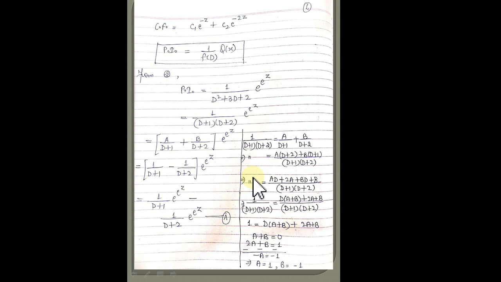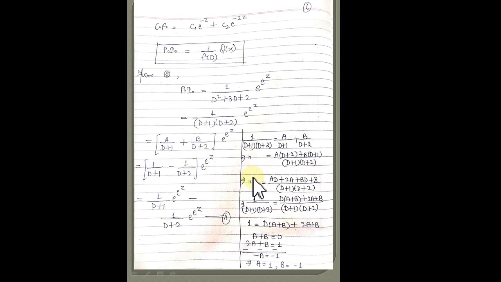Now the second part of the solution, the particular integral, formula is 1 upon f(D) times X. Simply here it is calculated. We can replace (D plus 1)(D plus 2) in place of D square plus 3D plus 2.